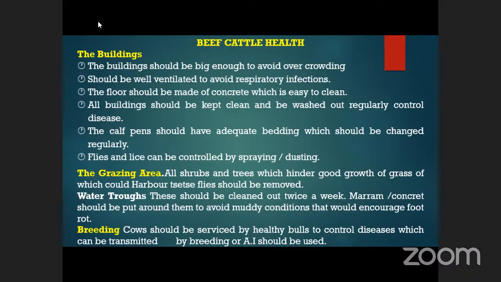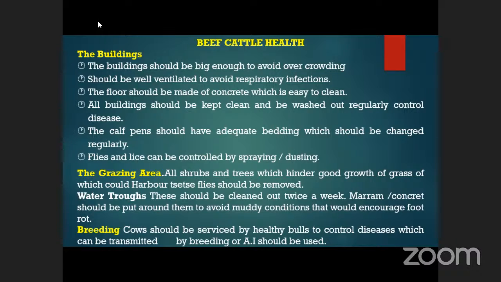Maybe you go and buy sperms, artificial insemination, buy sperms, buy a syringe. If you cannot do it by yourself, you can call a veterinary doctor. He will help you out. You go and find out that, okay, now if this animal is on heat, it means that it's ready for mating.